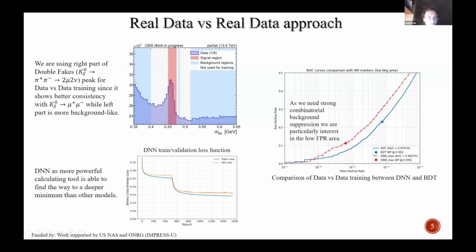The combinatorial background we will still take from data sidebands. This approach showed pretty impressive results, but it had its own uncertainties, so we decided to try to adjust and improve our previous Monte Carlo versus data approach to see what we can get.